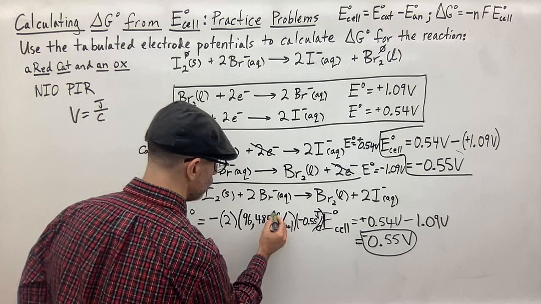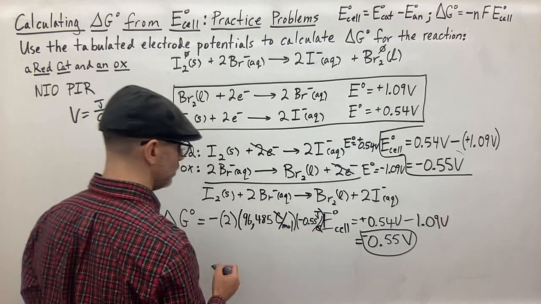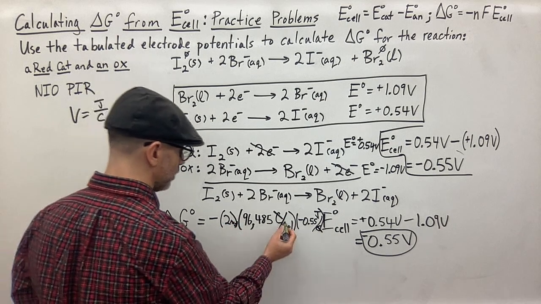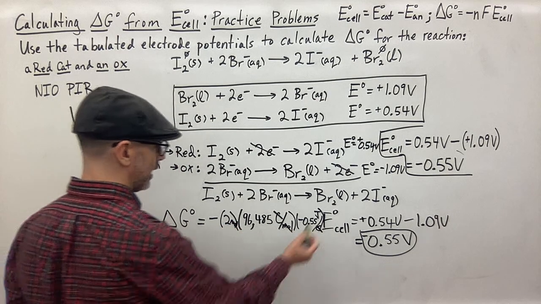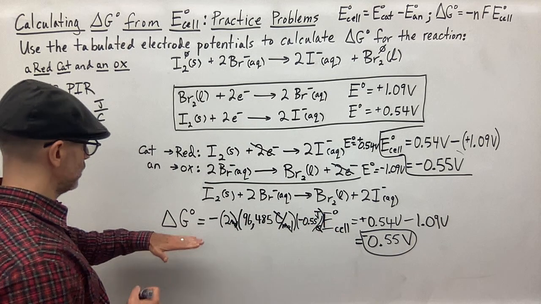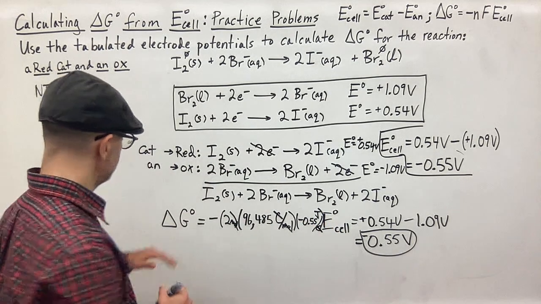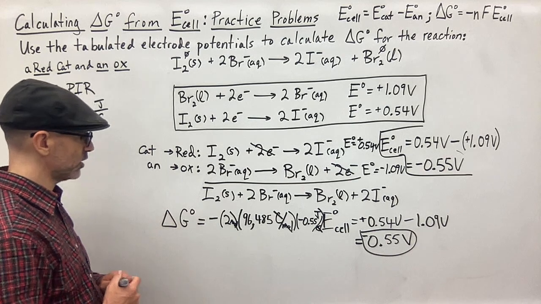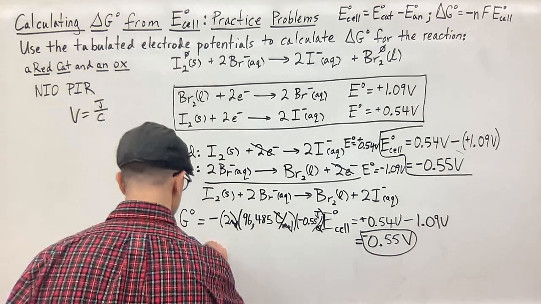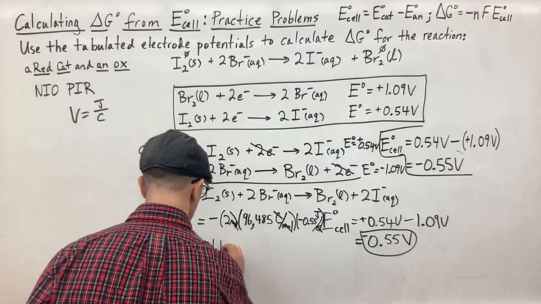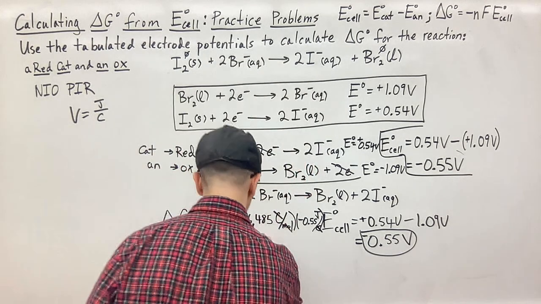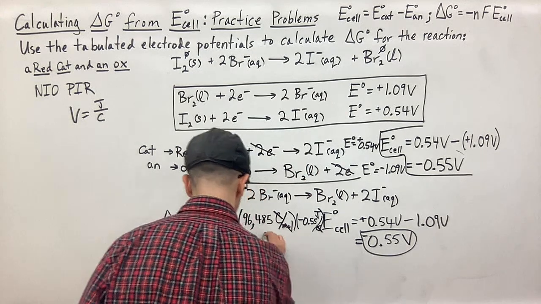So here the coulombs cancel out, and here I have moles of electrons. The moles are going to cancel out, and I end up with joules, which is what I would expect for my delta G, my standard free energy change. So when I calculate this out, I get a positive 1.1 times 10 to the 5th joules.